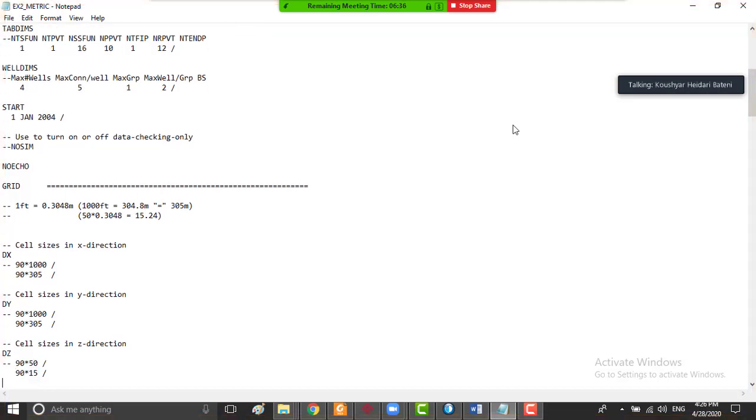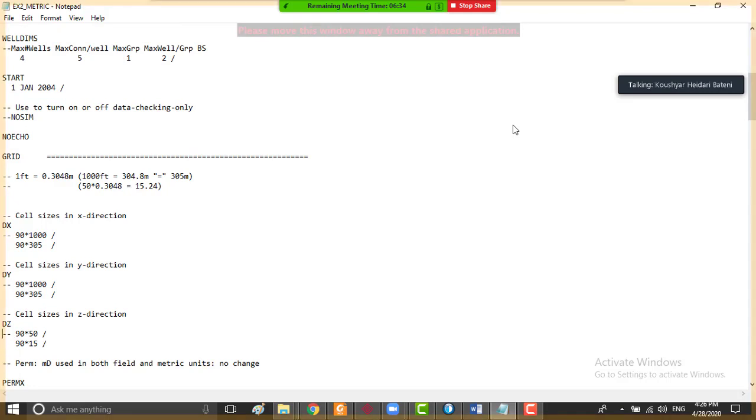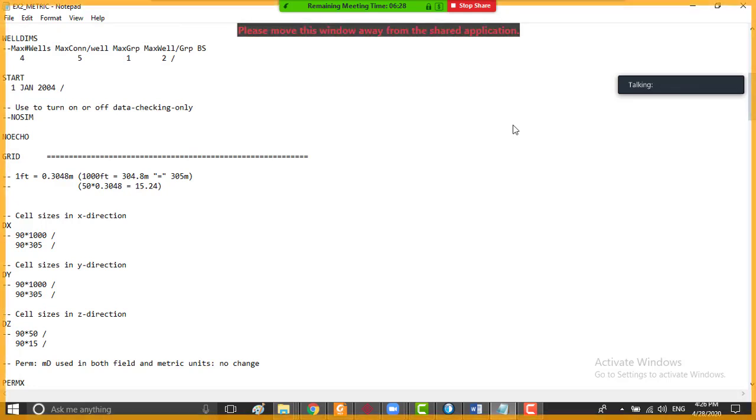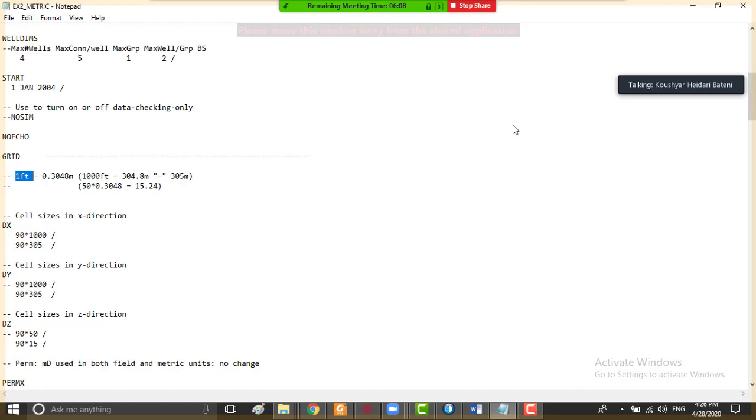Now, here, because I'm converting the units from field convention to metric convention, I have to change this 1000, which is in feet, to meters. How do we convert feet to meters? 1 foot is equal to 0.3048 meters.